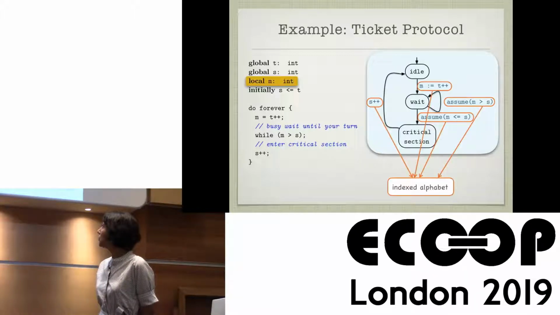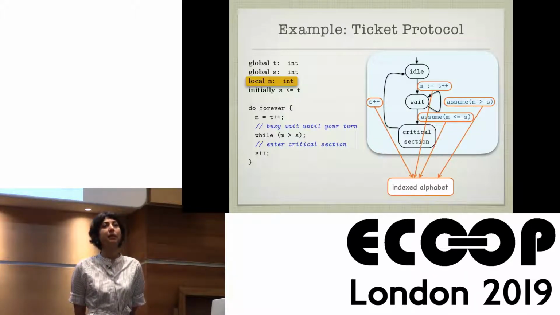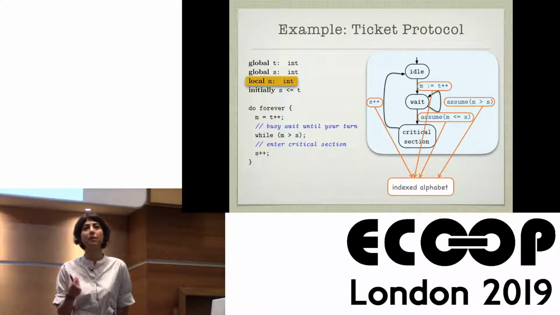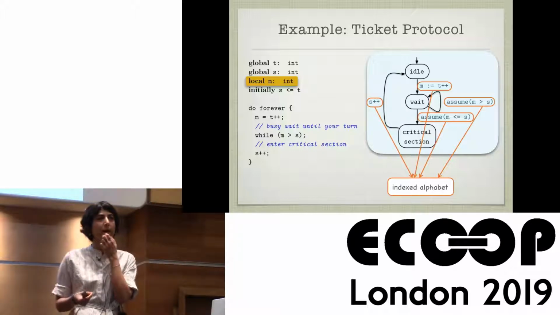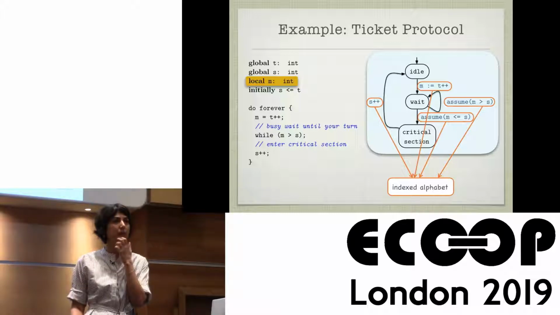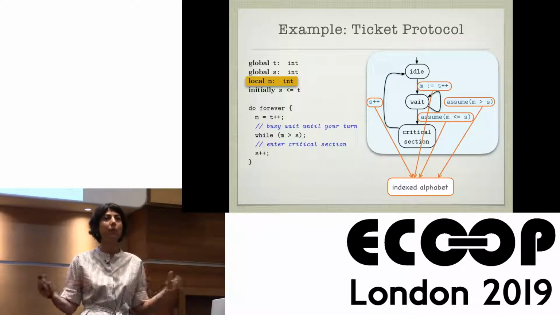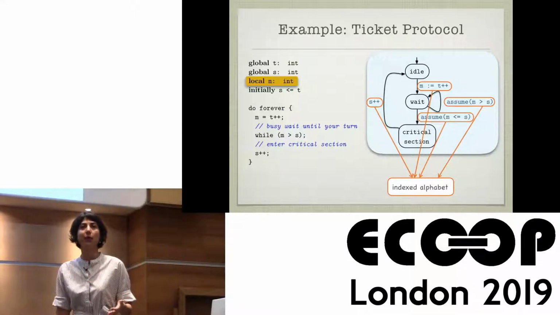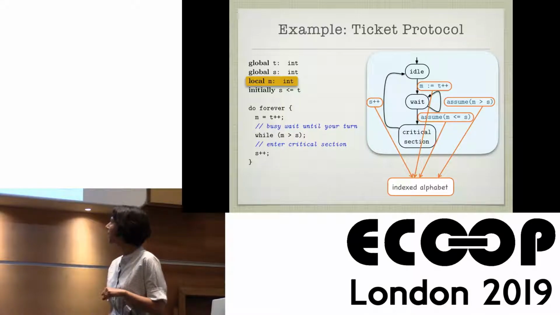What we do is we take this as an indexed alphabet, so that the statement of each thread is going to be labeled by basically the thread ID. So now if I have 1 control flow graph and I have the labeled statements for that, I can basically produce the control flow automaton for the product of these things by just interleaving the runs. Okay? But still I don't want to look at infinitely many of them at a time.